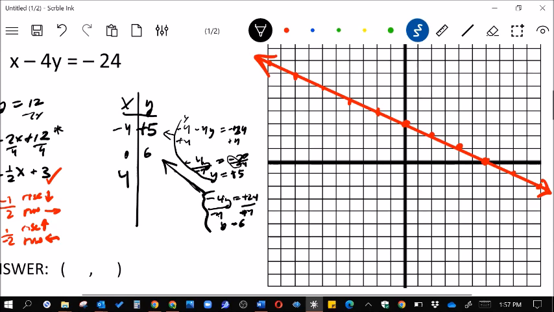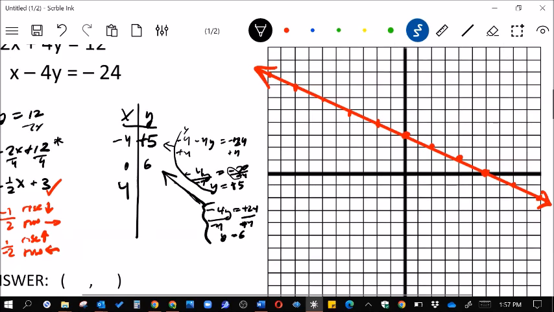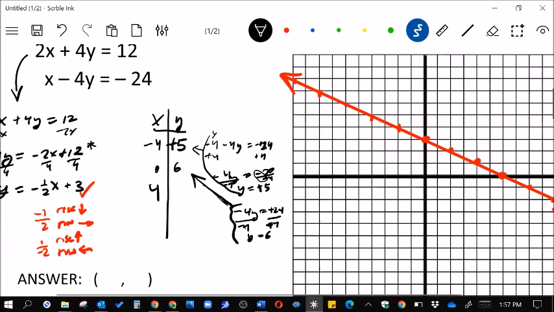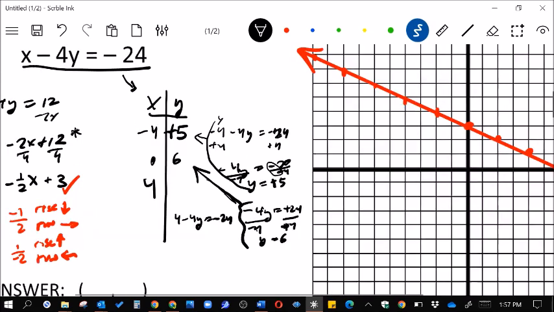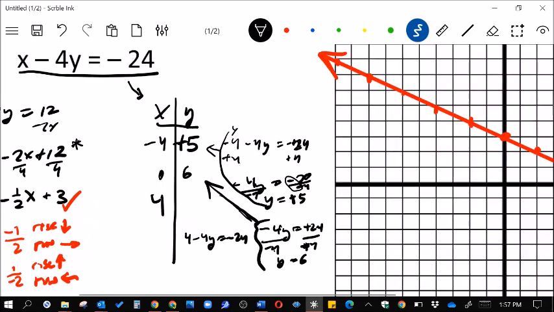Now we'll do the last one of these because I really only need 3 good points to be able to graph something well. So let's put a 4 in for the x, and we're using this one here now. Okay, so the same like we just did, minus 4y equals negative 24. Let's subtract the 4.